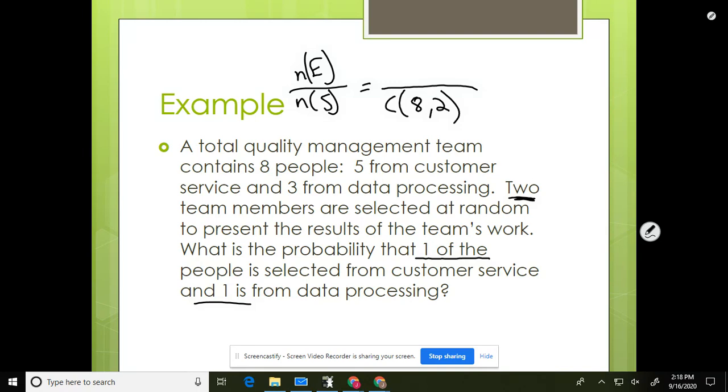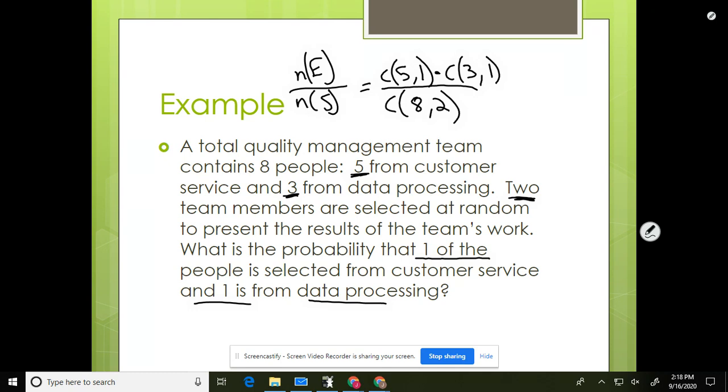If I want 1 person from customer service, I have 5 of them to choose from, and then I'm choosing 1. And we're going to multiply that by selecting 1 from data processing. There's 3 from data processing, so I have 3 of those people, and I'm selecting 1 of them. And that's how we would do this problem.